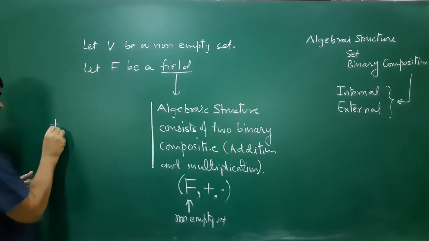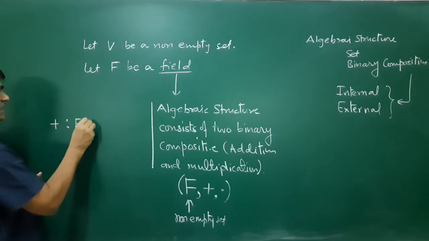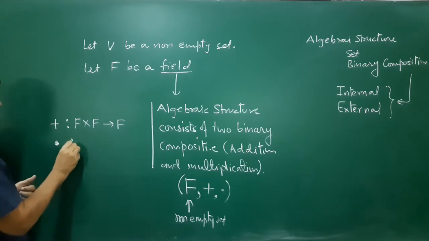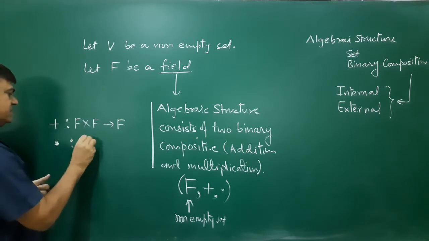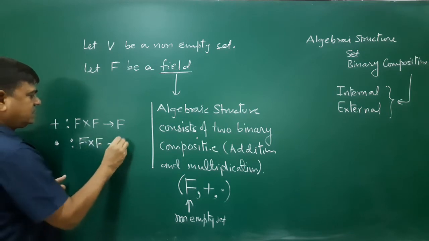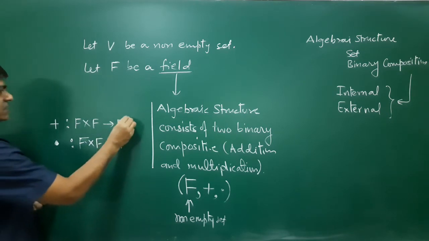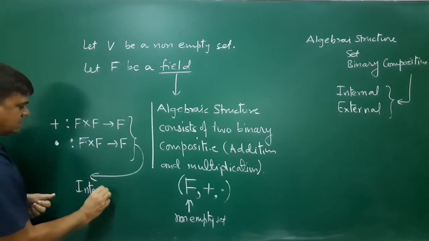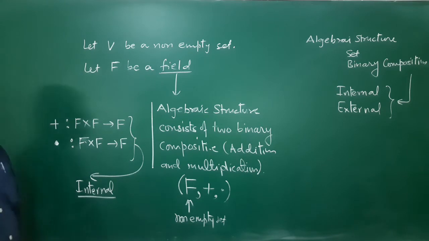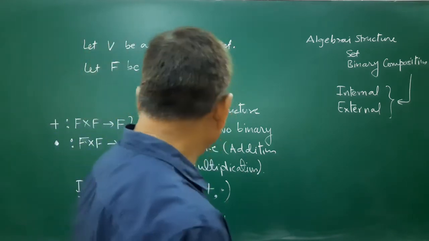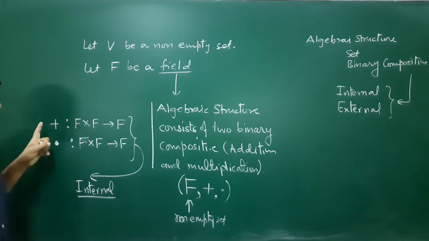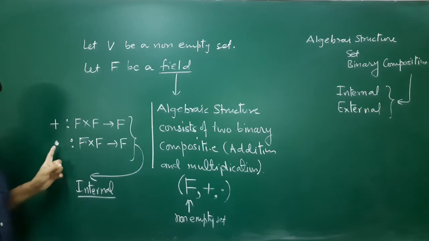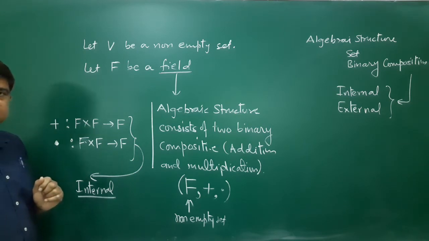Second, plus is from F cross F to F, and multiplication is also from F cross F to F, and both are internal composition. This plus is addition composition, this is multiplication.